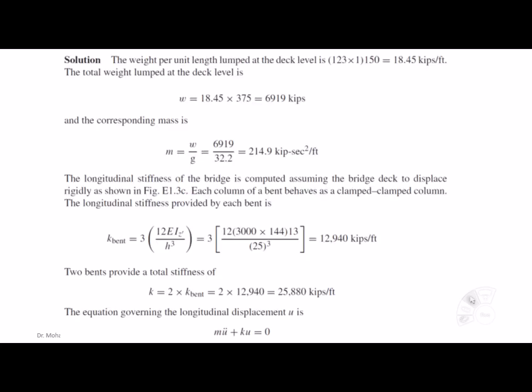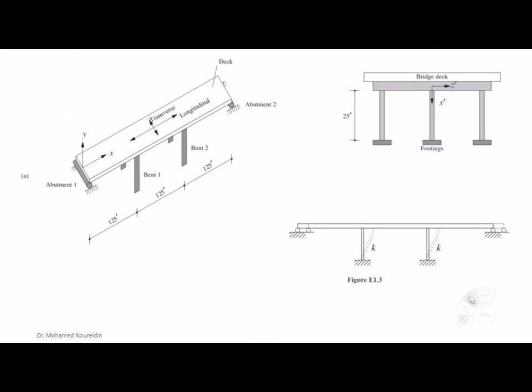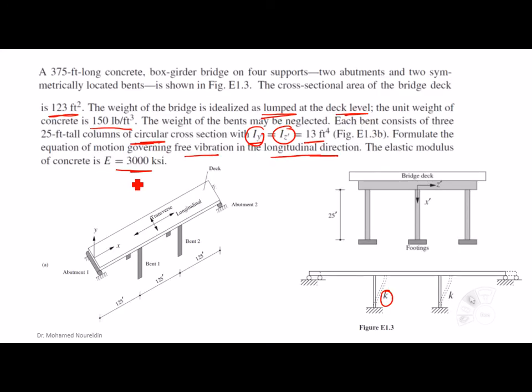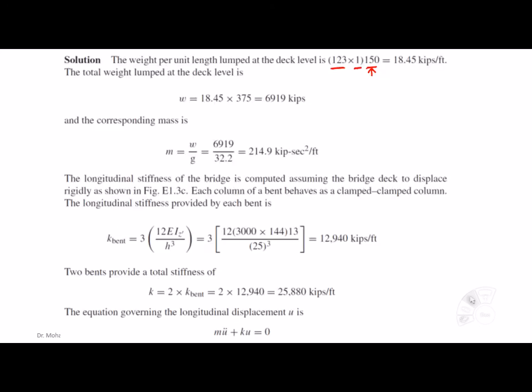First of all, the weight per unit length lumped at the deck level: the deck is 123 times 1 meter. This gives us 123 times 150, which is the unit weight of concrete given here, multiplied by 1.